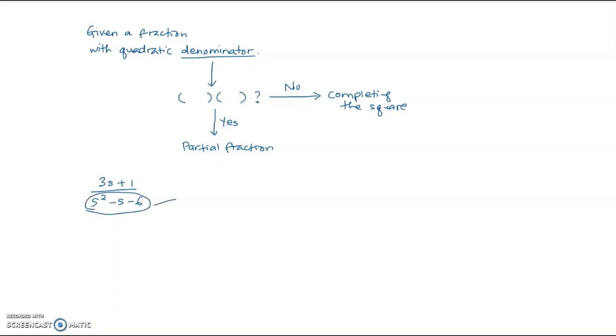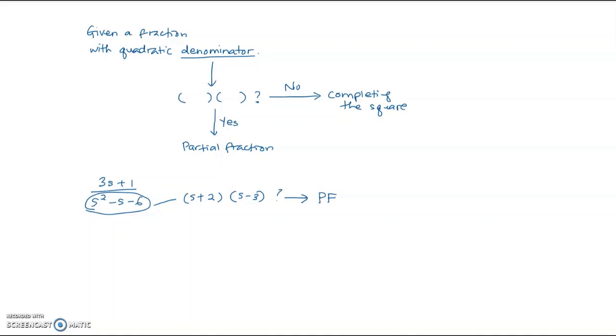Is it possible to write in this form? We can see that this is actually s plus 2 times s minus 3. So this is possible. If this is possible, then the next step is to perform the partial fraction. So we don't do the completing the square.